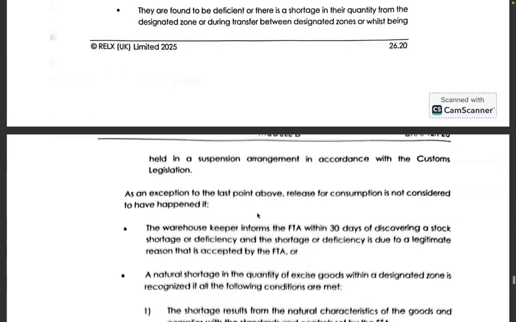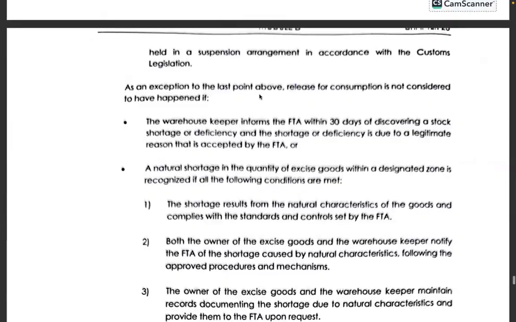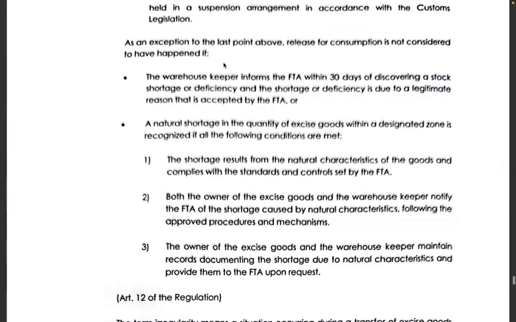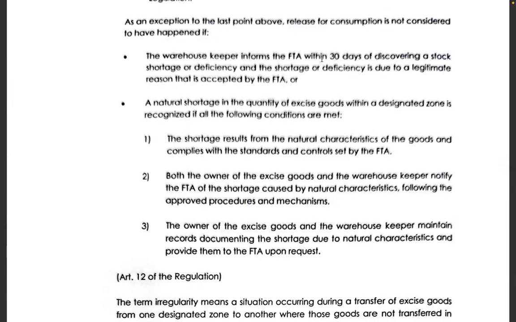As an exception to the last point above, the release for consumption is not considered to have happened if the warehouse keeper informs the FTA within 30 days of discovering a stock shortage or deficiency, and the shortage or deficiency is due to a legitimate reason.